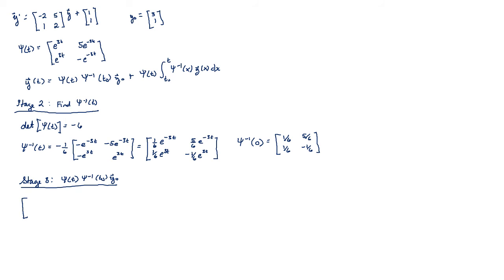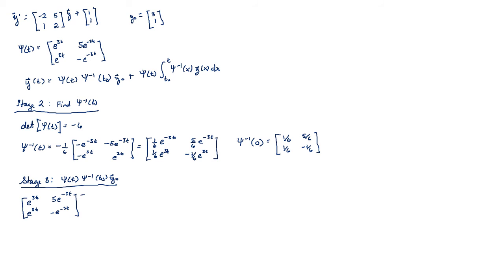So for psi of t, we've got e to the 3t and e to the 3t in column 1, and 5e to the negative 3t and minus e to the negative 3t in column 2.